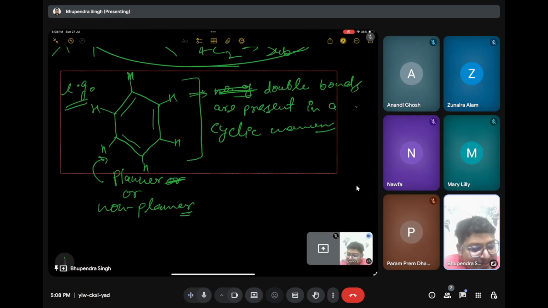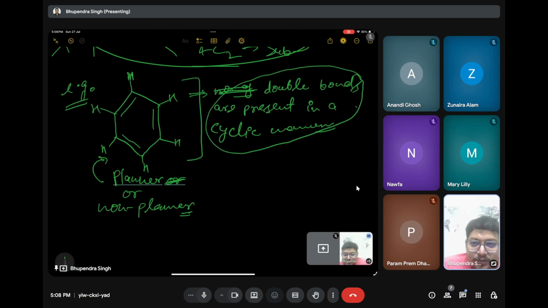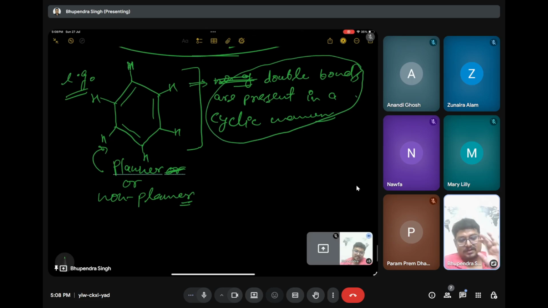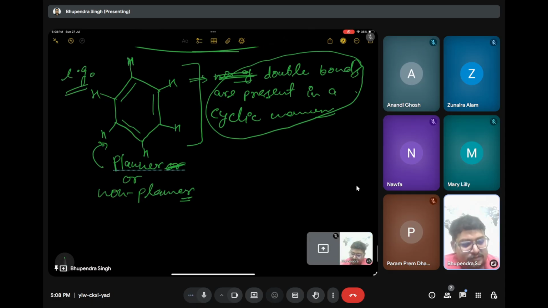This is not the correct way to say things. But still, to explain it well, it is not true actually for all the cases. Even though molecules are cyclic and double bonded, they are still not planar.